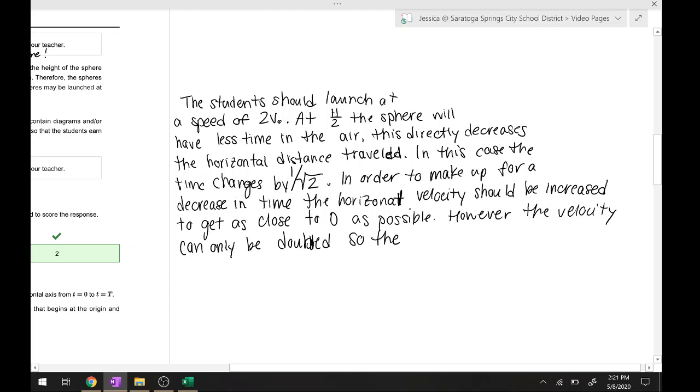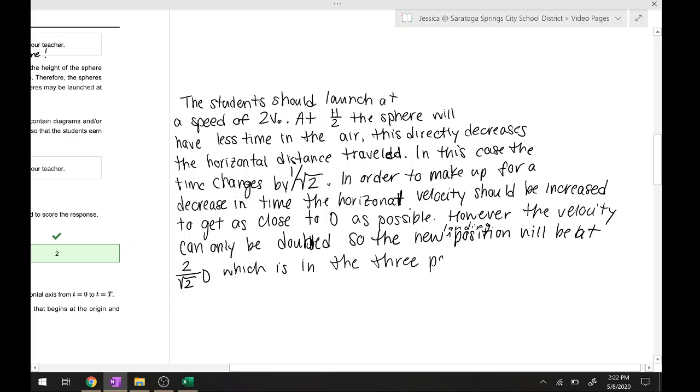So the new landing position will be at 2 over the square root of 2d, which is in the 3-point range.